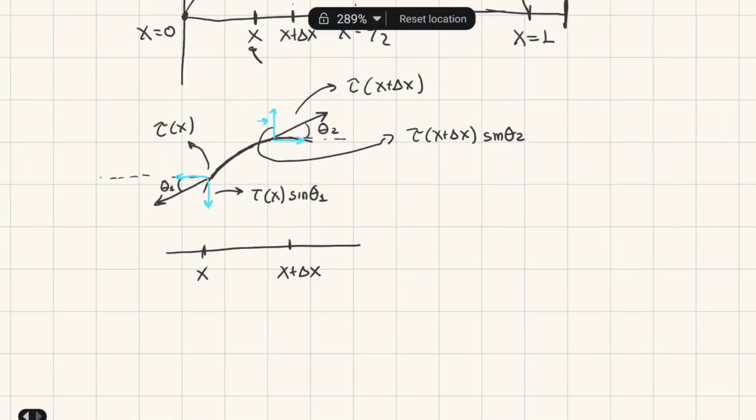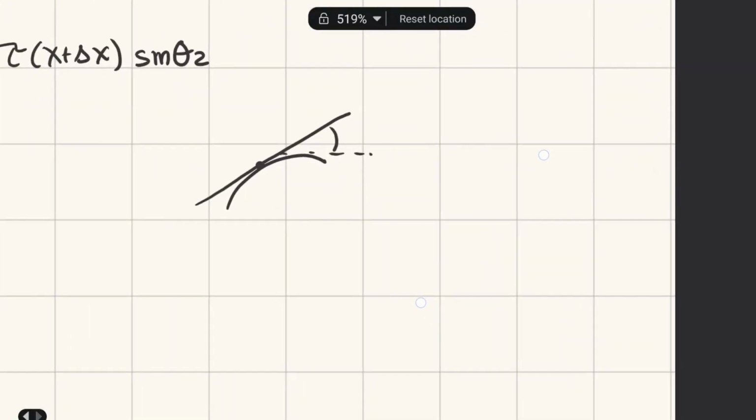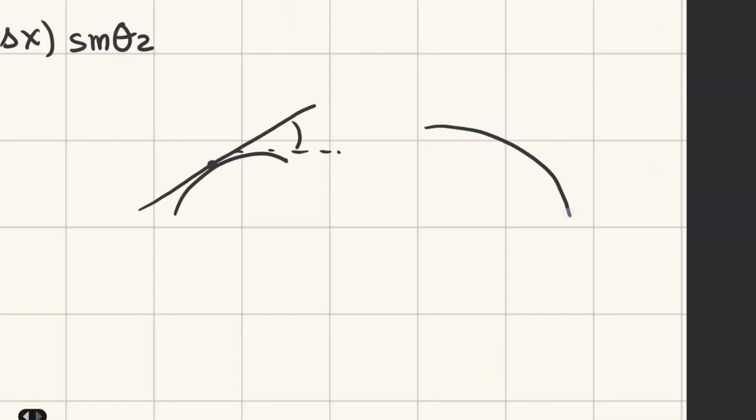Okay, perfect. Again, notice that what we are measuring with these angles, theta 1 and theta 2, is the inclination of the tangent to the string, right? I mean that if we have this string, we have a tangent line over here, and what we are doing is measuring the angle of inclination of this tangent. So this means that, for example, if we go to another portion of a string and draw a tangent line, again, we are going to be measuring the angle with respect to the x-axis.